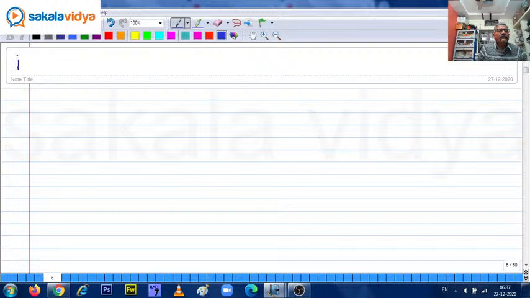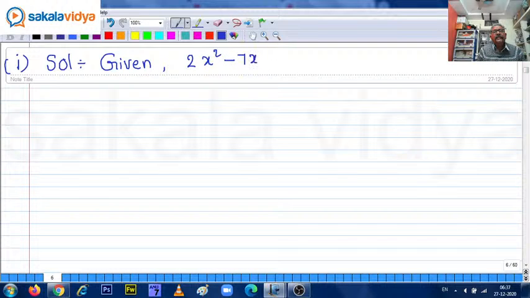So first one, solution. Given is 2x square minus 7x plus 3 equals to 0. What is the first step? Make x square coefficient unity.